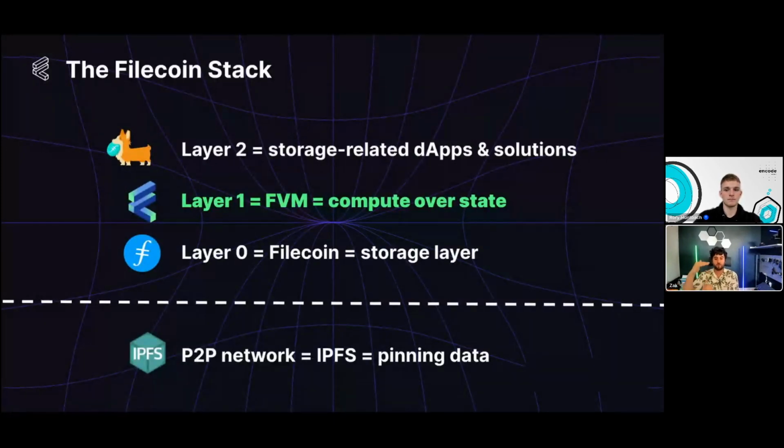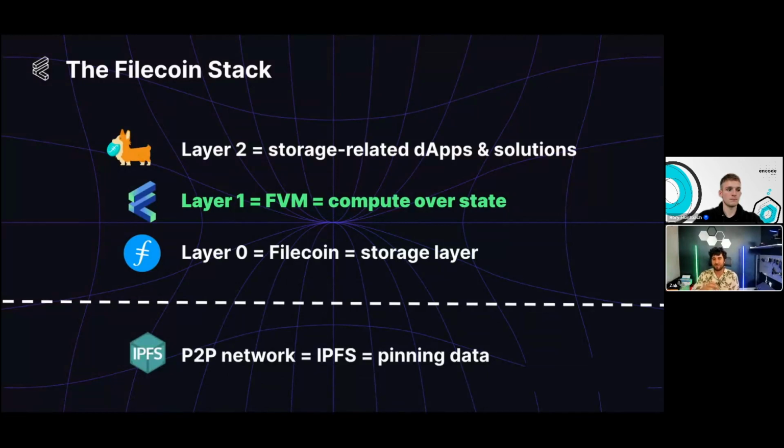So you have the IPFS network and the separate network Filecoin, and within that, you have a layer 0. You can think of it as the storage layer, those storage providers running the Lotus nodes, right? And you can think of FVM as a layer 1. It can be a little confusing because remember, the FVM is within those nodes.